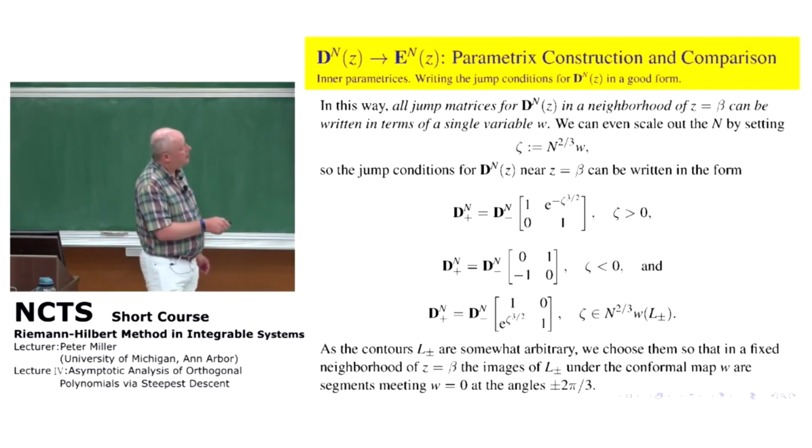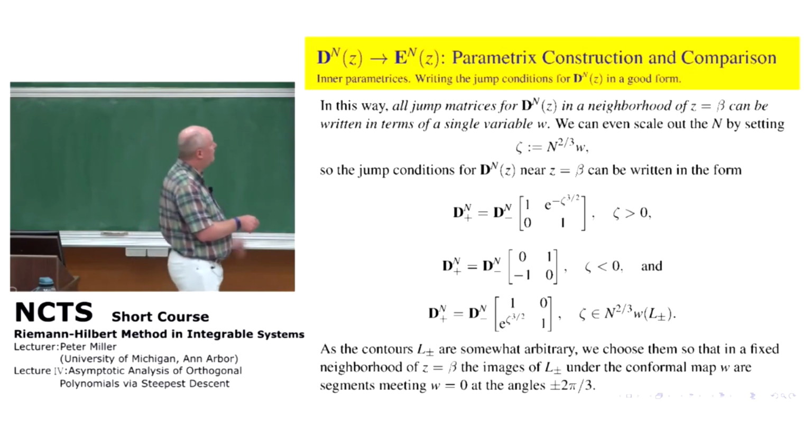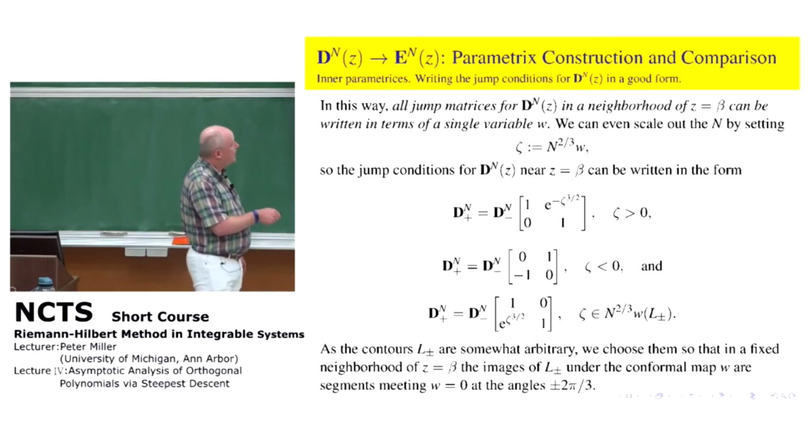So the jumps are now happening when zeta is positive, when zeta is negative, and when zeta is in n to the 2/3 times the image under w of these lens boundaries, L plus minus. But look, all it is just e to the minus zeta to the 3/2, e to the zeta to the 3/2, and this twist. That's it. So everything is just involving zeta only. Very nice. And the same powers, in fact.